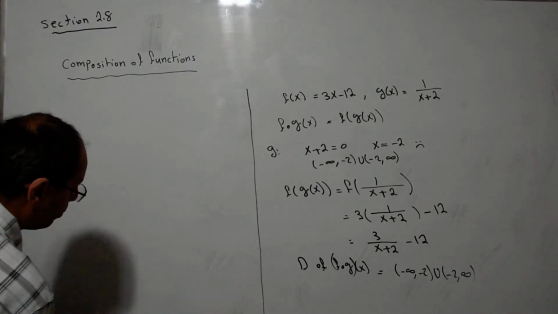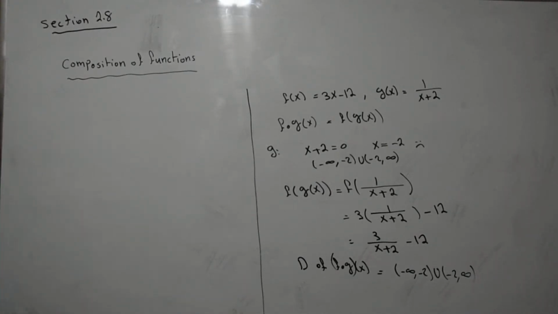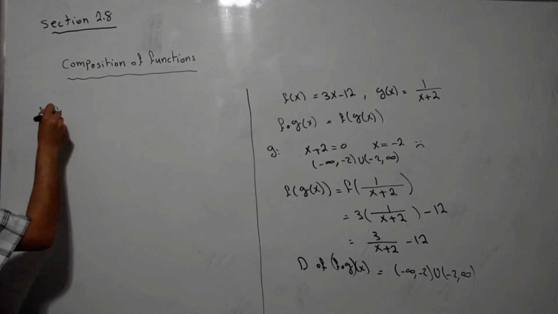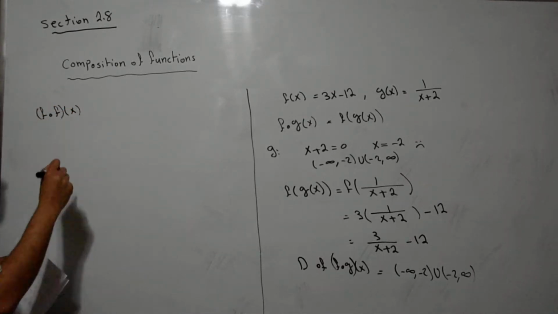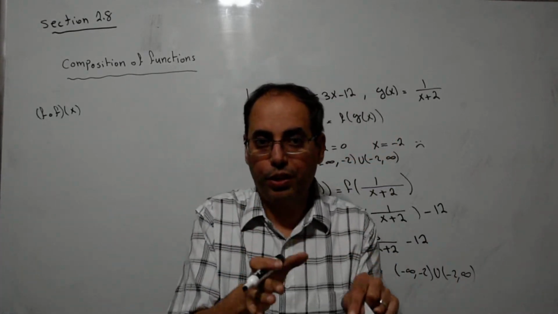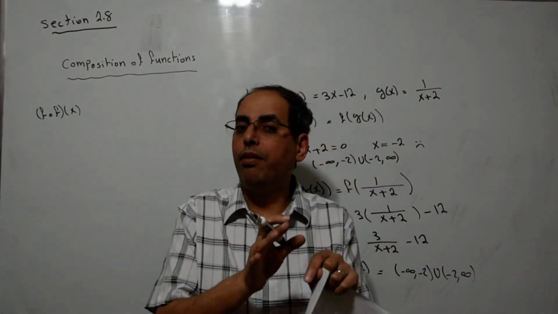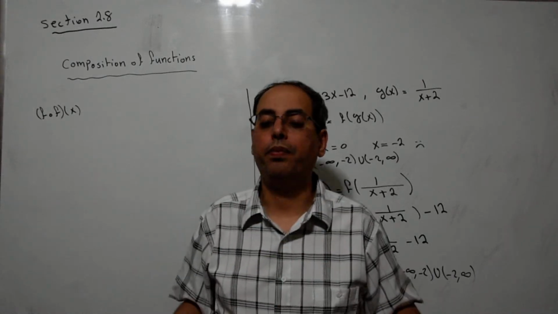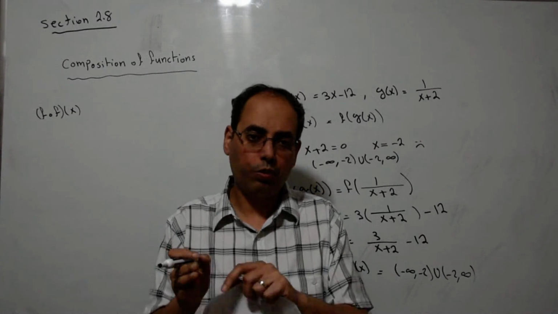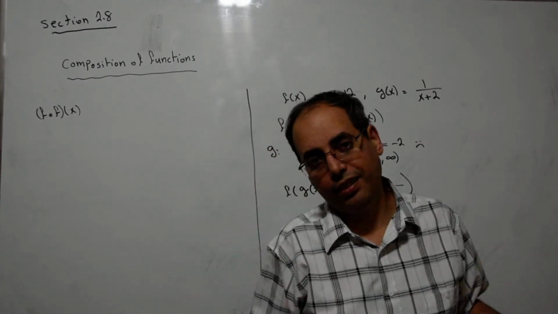So I got f compound g and g compound f, but I can make f compound f as well. Notice what? Suppose that we have the potatoes and my f function is cutting the potatoes. The potatoes is not very small, but I need to cut it again.